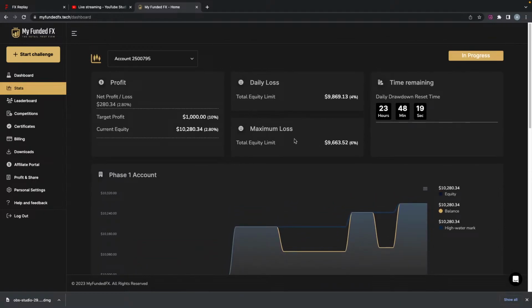So the thing with the one step challenge is that I can only go down 6% from my maximum profit target, which means that my maximum, I think, was like 2.5% or something, so it's 6% calculated from that. So I'm up 2.8 right now. That means 6% from that is this much. So that's my maximum loss I can go down to before I lose the account, which is a bit annoying, but that's a lesson for next time.